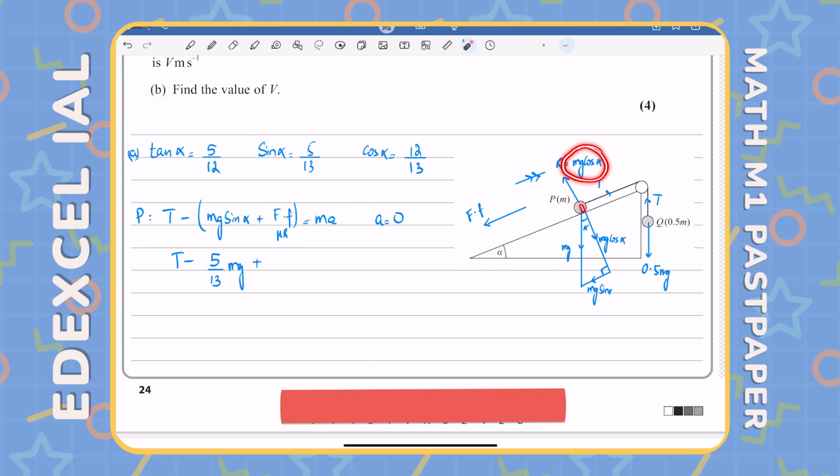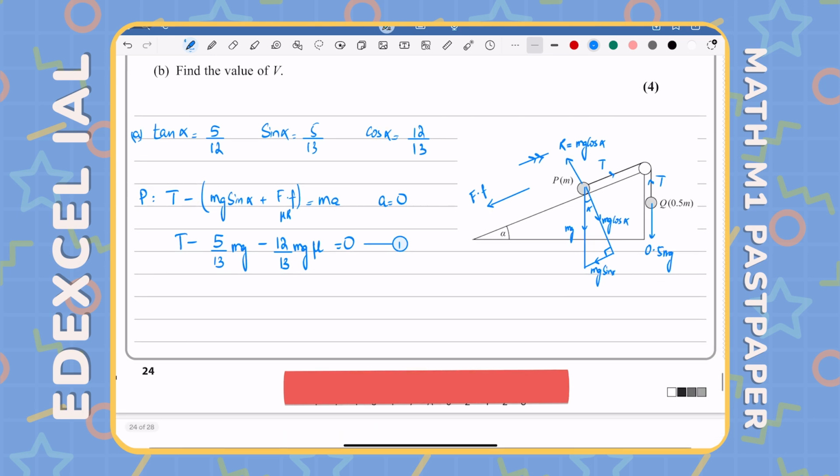So the normal reaction force will be equal to the component of the weight that is perpendicular to the plane. Okay, so this will be minus, since we opened the bracket, so minus 12 upon 13 mg, that's the normal reaction force, times the coefficient of friction, which is mu, is equal to 0. And this right here is our first equation. Okay, so we're going to hold on to this.